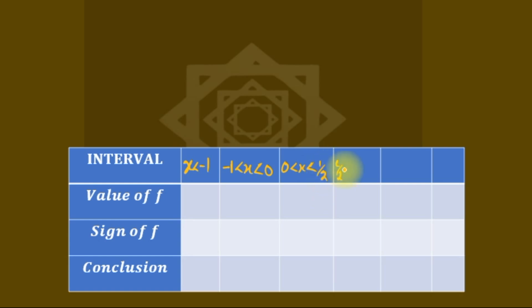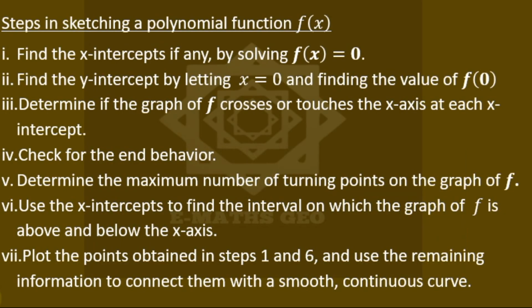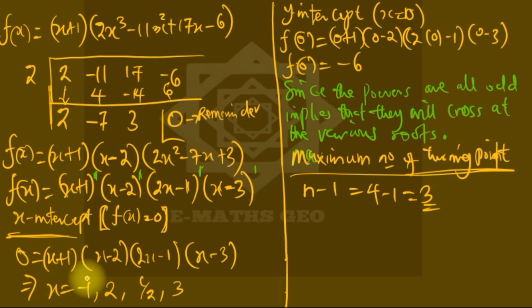Numbers between half and 2, numbers between 2 and 3, finally numbers greater than 3. Yes, we are going to test all this to guide us. So aside from these roots, we need to know the behavior for numbers greater than 3, less than -1, and between them, to get the curvature, that is how the graph will go down or move up. It will help us.